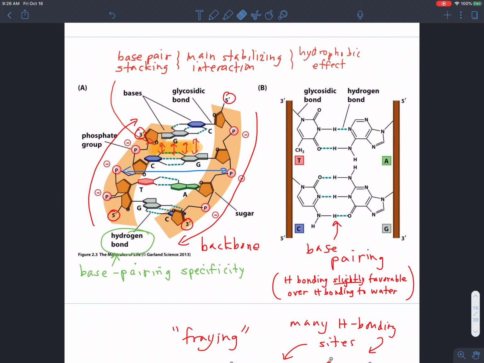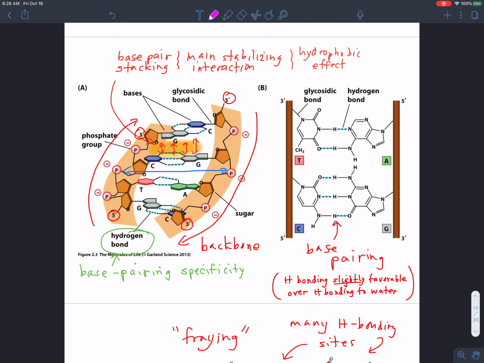Of course, the binding of one DNA to another is really specific, or can be really specific. It's sequence complementarity, or hybridization. The sequence on one strand has to be complementary to the sequence on the other strand in order for the two strands to come together and form a duplex.